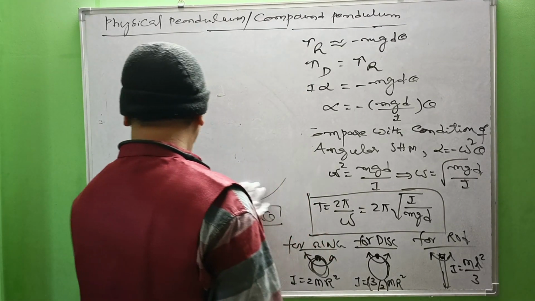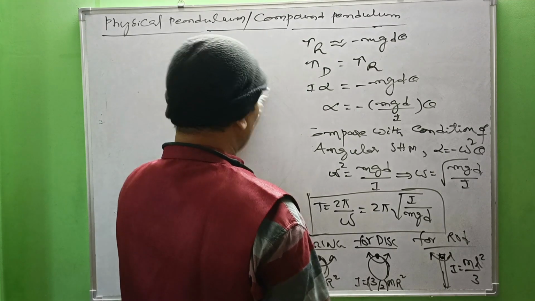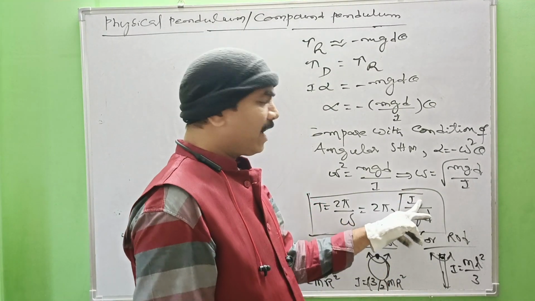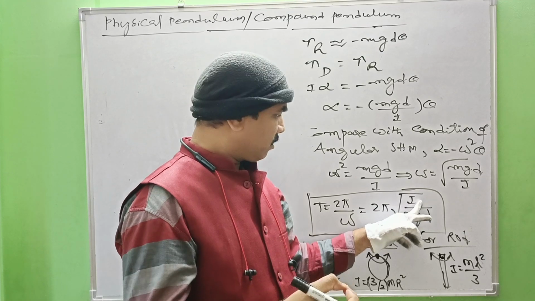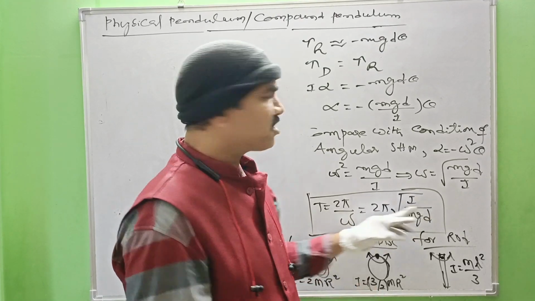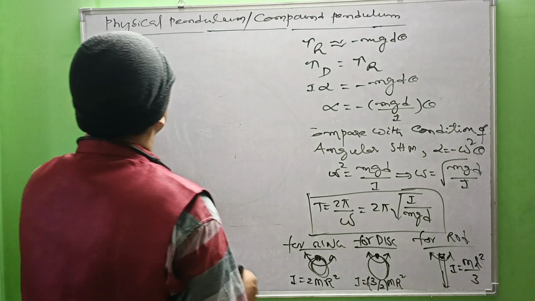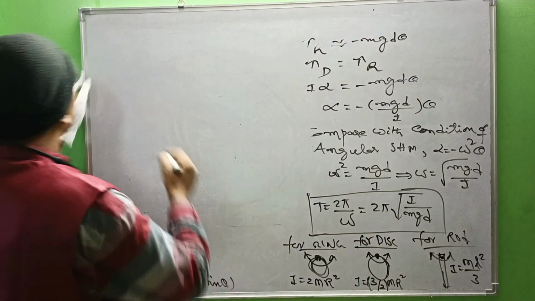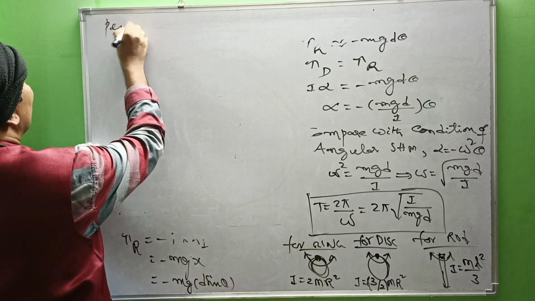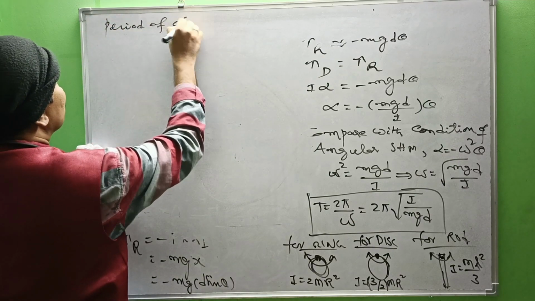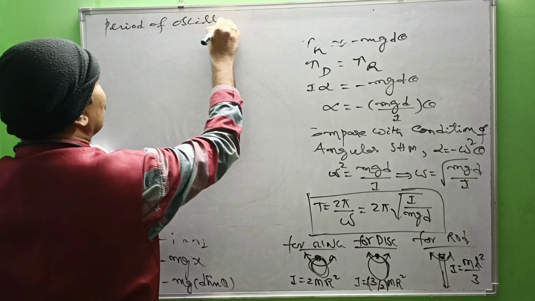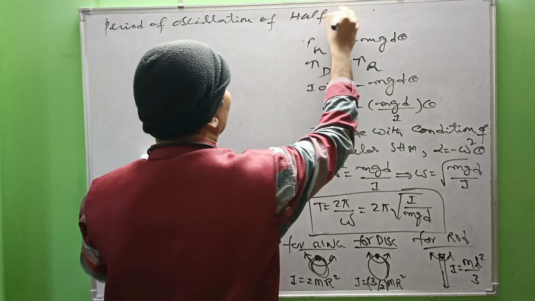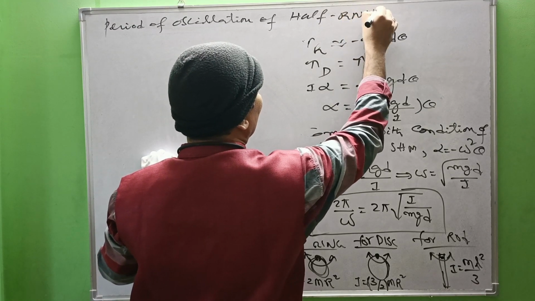The expression is the same only, T equal to 2 pi root over I by mgd, but we have to substitute the value of moment of inertia here.